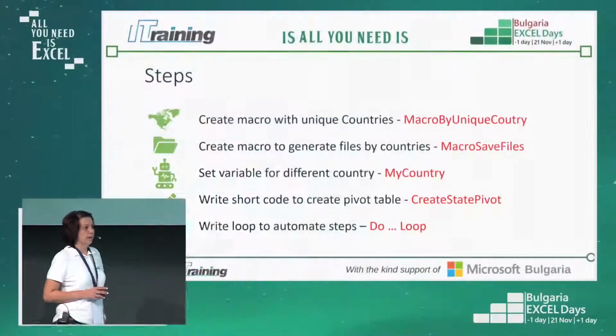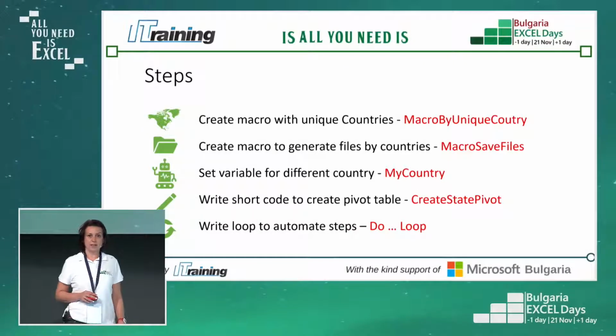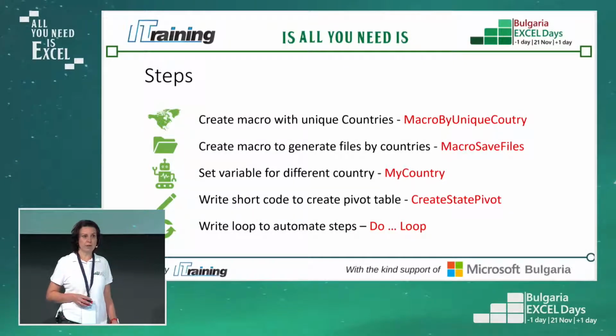These are the steps. First, the demo will present how to create a macro using the macro recorder just to extract unique countries without dynamic arrays, this new function, just the macro recorder.